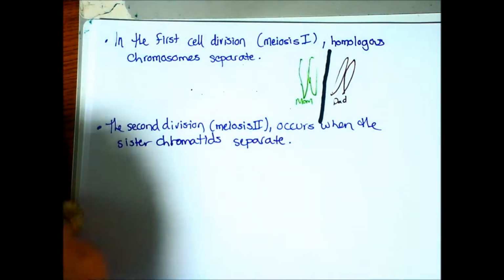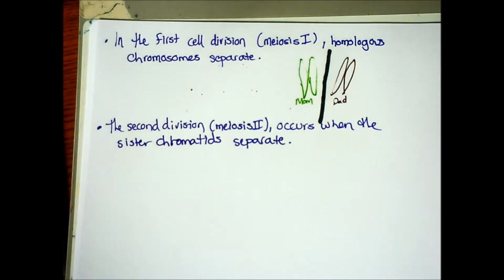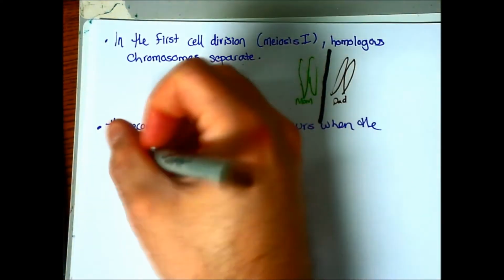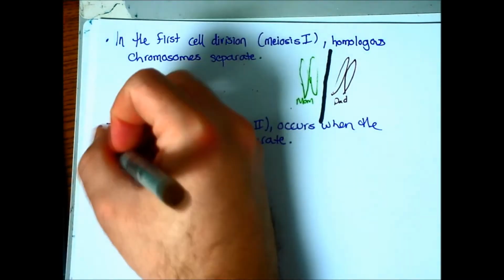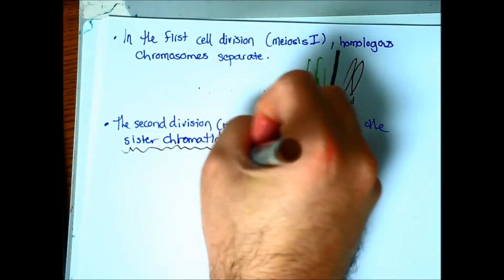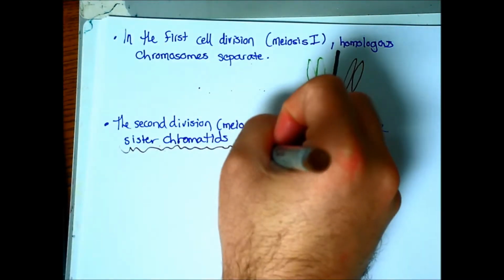Now, we've seen the sister chromatid separation happen before. Where did we see that at? Mitosis. So I always like to tell people that sister chromatid separation event, if you want to know more about that, reference mitosis.